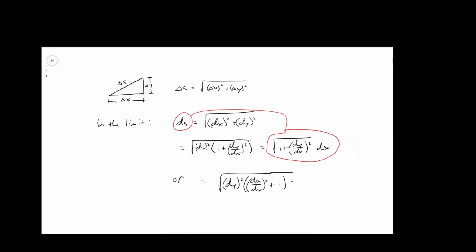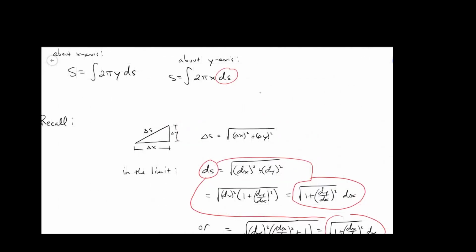And then that one, I could take that dy out of the radical and gotten this. I could have gotten 1 plus dx dy squared, and then the dy would have come out. And you see, again, that is also ds, right? ds could also be viewed to be that. Either of them is fine.